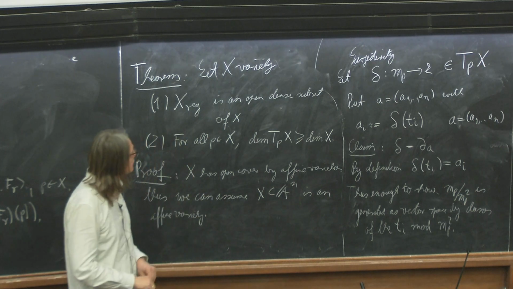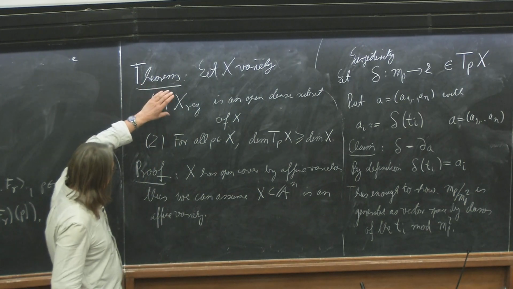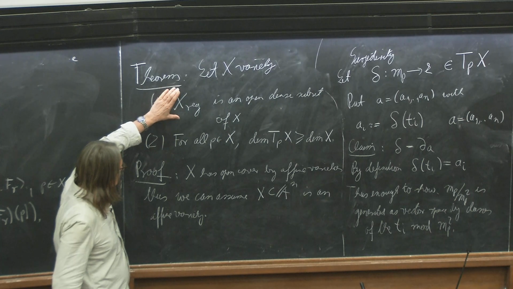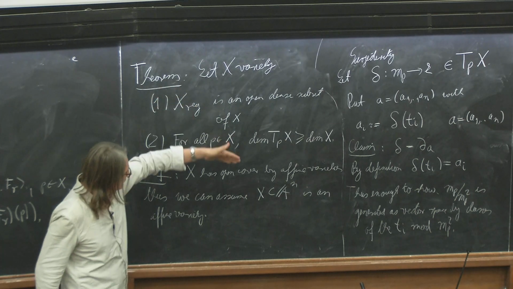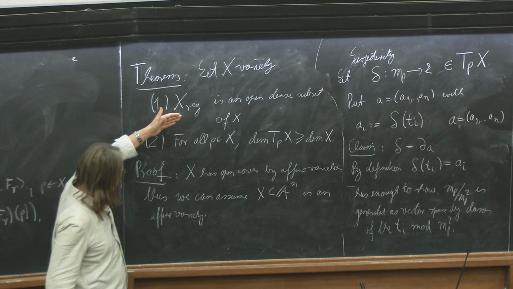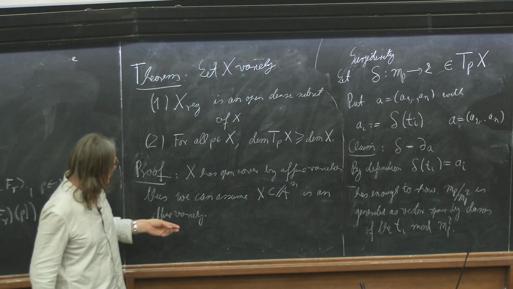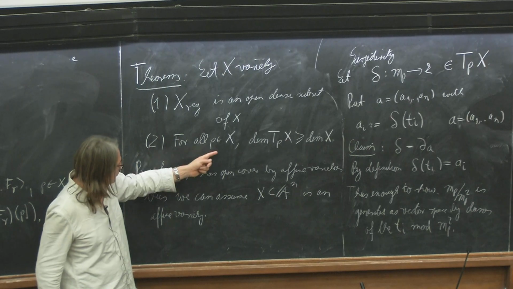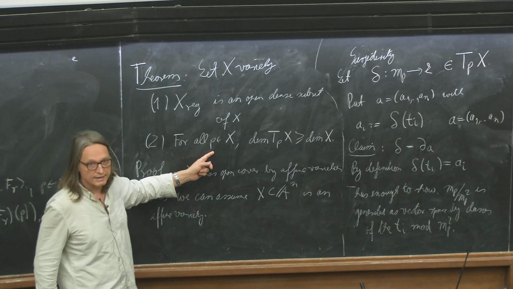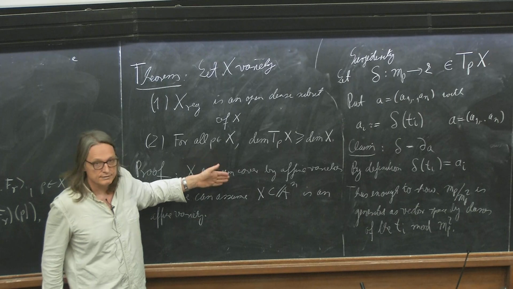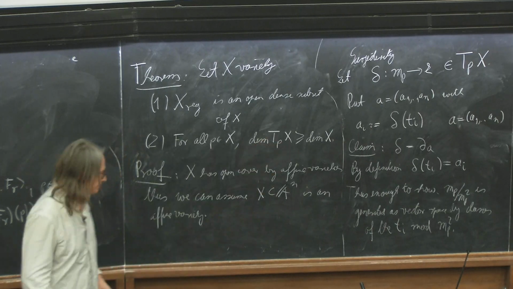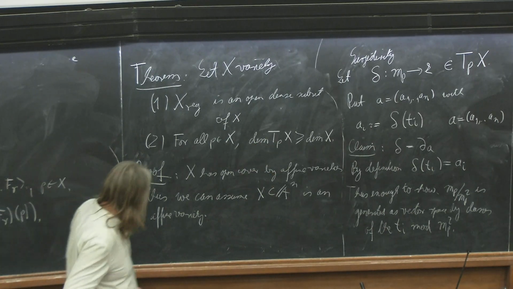If in every open subset of this cover the intersection with X_reg is an open dense subset, then X_reg is open dense. If we take any point p in X, we take an open affine neighborhood of it, and then we work with that and check this. Okay.